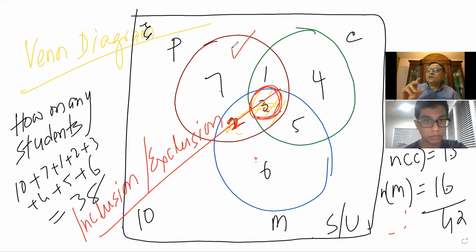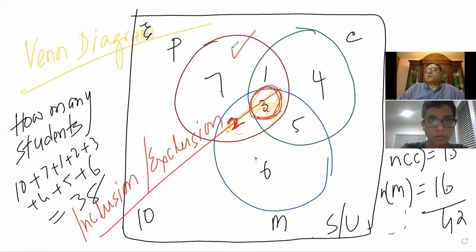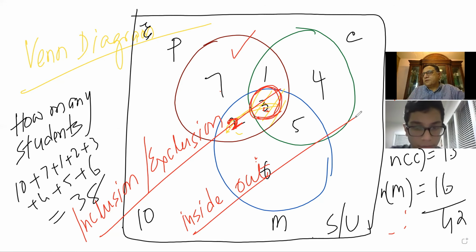You see that using these basic operations, we could complicate our case, but if you have a clear cut Venn diagram, very easily you can answer all these questions, correct? So making correctly a Venn diagram is also a good exercise, and the key here is start from inside out. So if you start from inside out, you are going to get the right results.